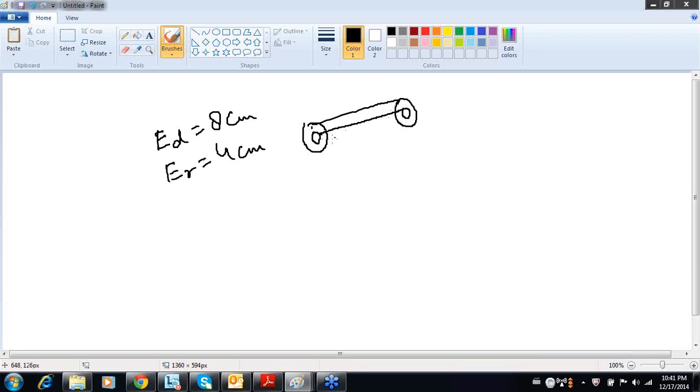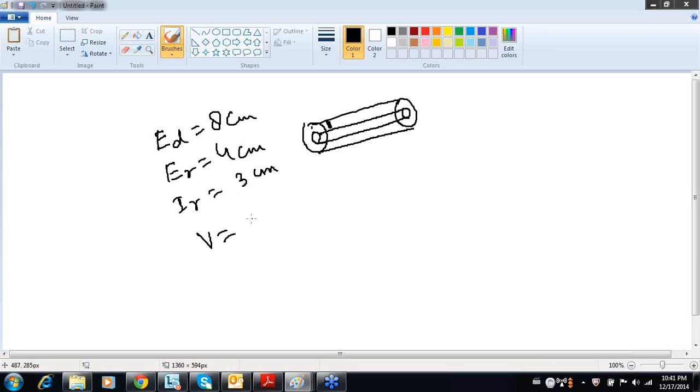There is an internal diameter, there is an external diameter, and there is thickness. Okay, now thickness is 1 centimeter. This is 1 centimeter. So internal radius will be what? 3 centimeter. Okay, internal radius will be 3 centimeter.